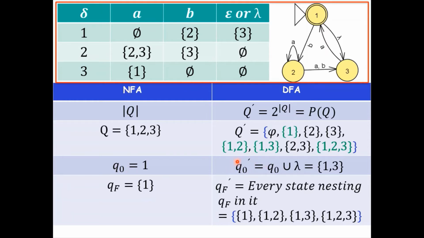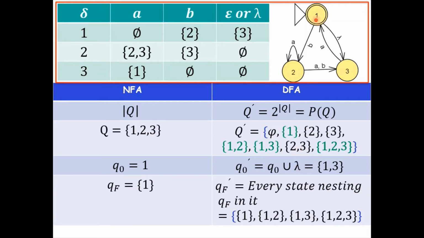The initial state of the DFA would be the combination of the initial state of the NFA and any other state which is lambda reachable from the initial state of the NFA.